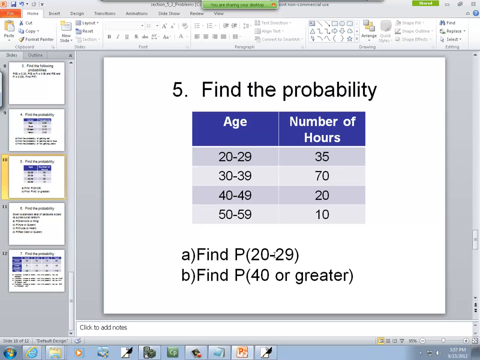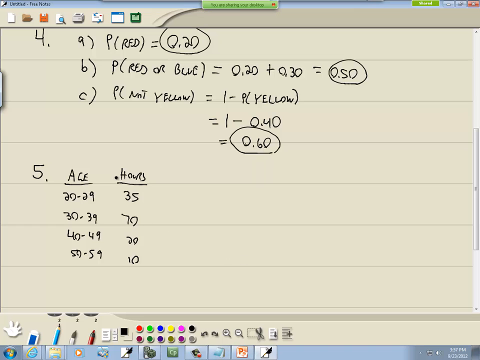Well, we have to build a probability model first. If you're given a table and it's asking for probabilities, then you have to go through and create that. So I'm going to add these together. That's 105, 135, I believe. Let me add that in my calculator just to make sure. I don't want to have an error in my video. 135.